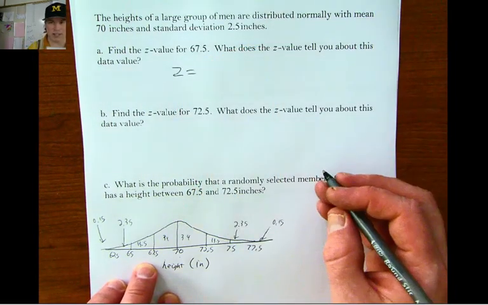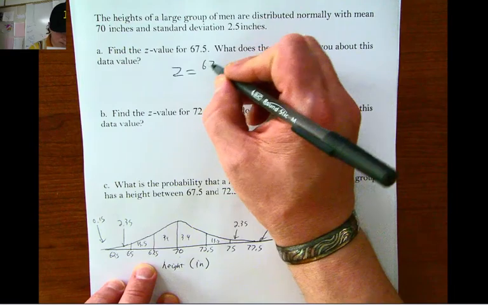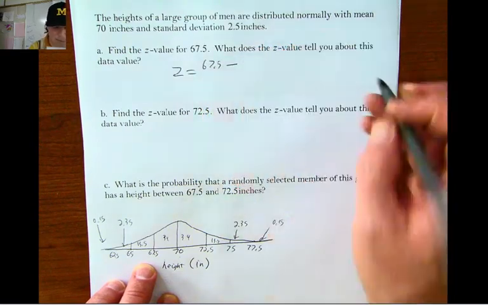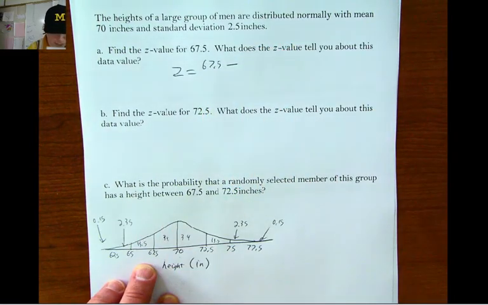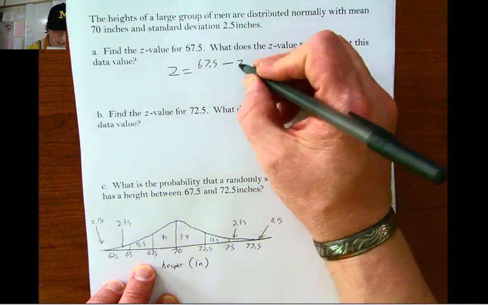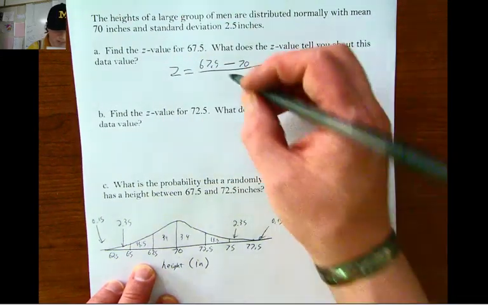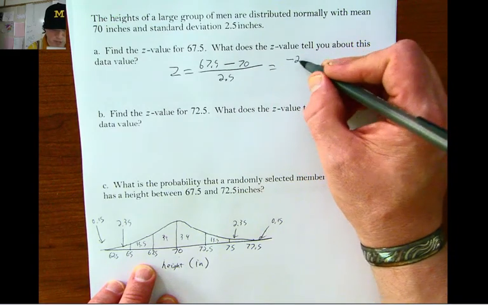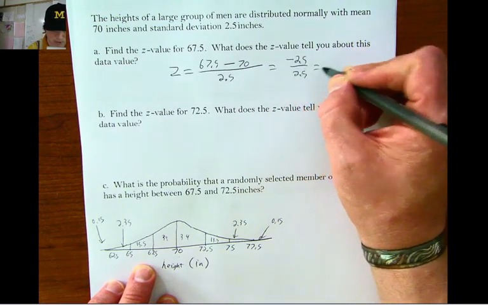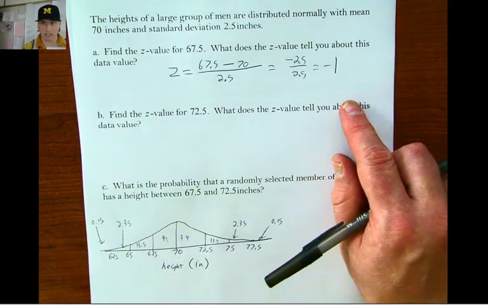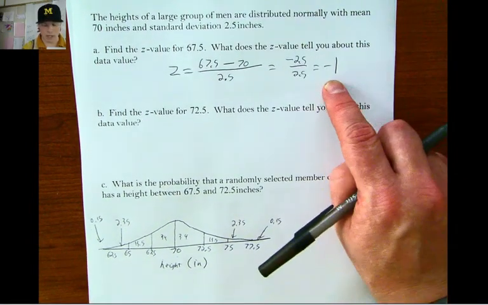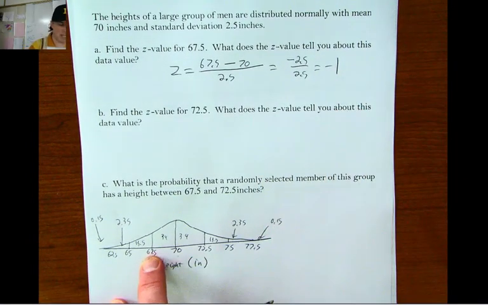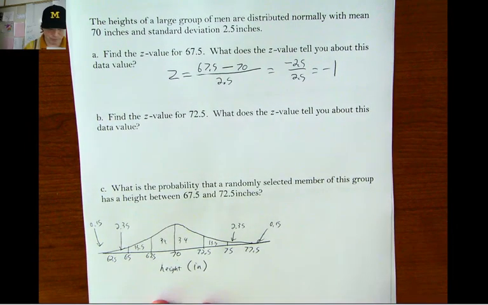Z equals the data value, 67.5, minus the mean, 70, divided by the standard deviation, 2.5. This works out to be -2.5 divided by 2.5, which is -1. So a z-score of -1 tells you that you are one standard deviation to the left of the mean.